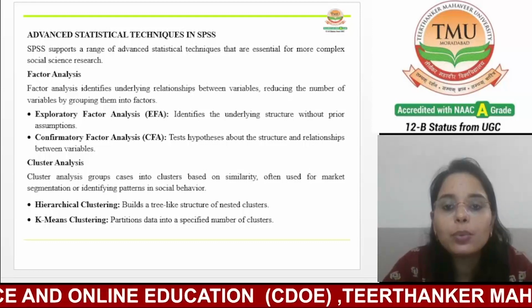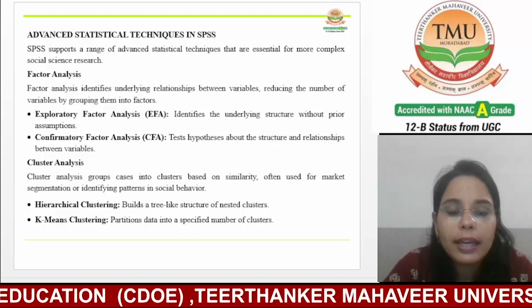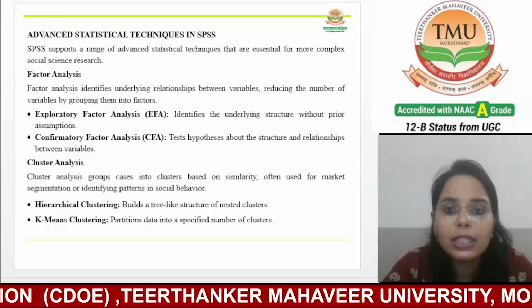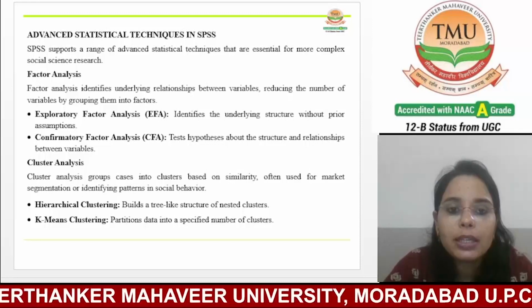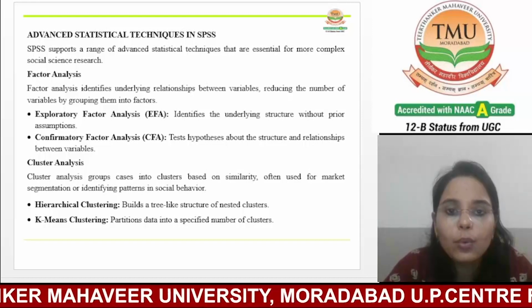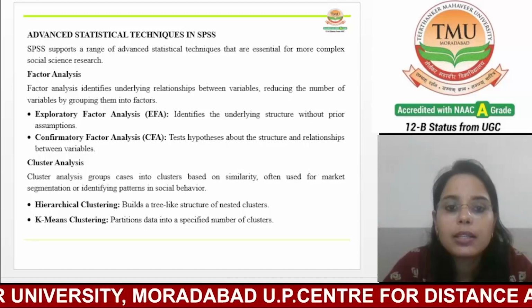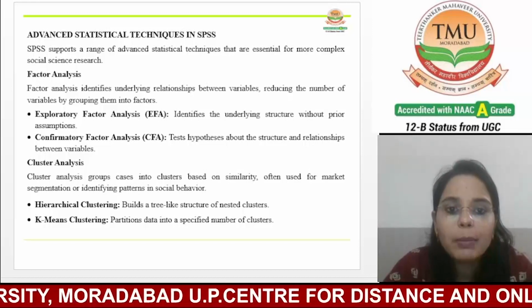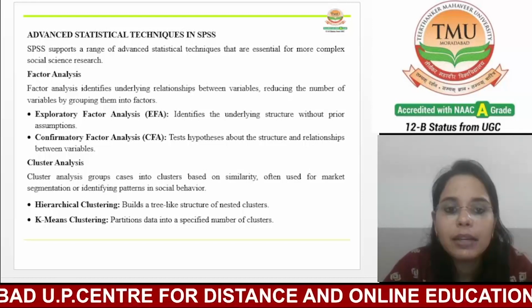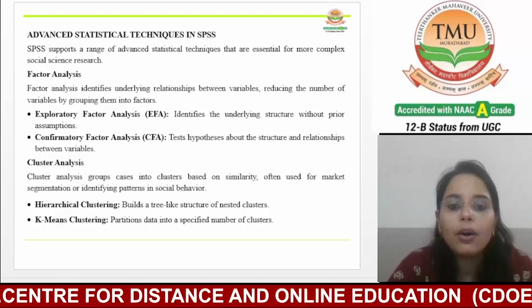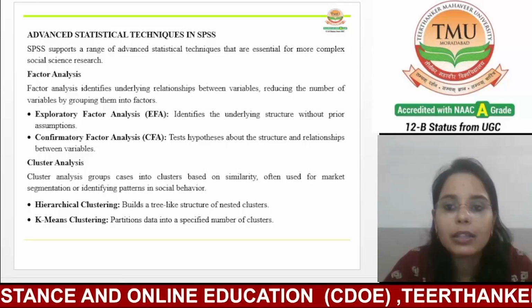The output includes the final cluster centers, which represent the average value of the variables for each cluster, and the distance of the cases from their cluster centers, which indicates how well each case fits into its assigned cluster. K-means clustering is particularly useful when the researcher has a hypothesis about the number of clusters or when there is a need for a quick and efficient clustering method.